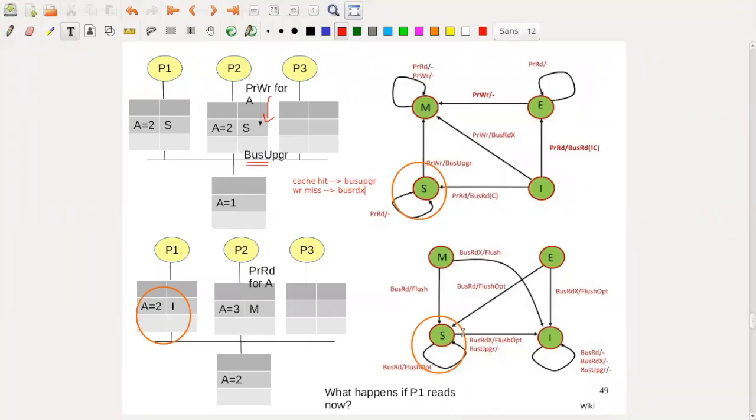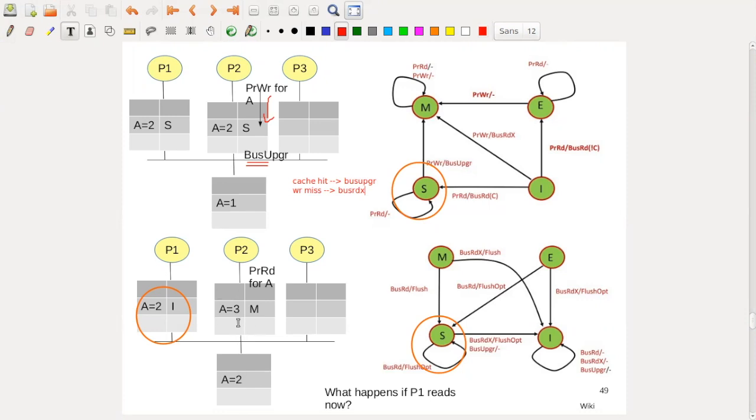So whether it's a bus read X or a bus upgrade or this other flush opt, which we will not discuss here because we are not using it, it's going to change to the invalid state. Now processor 2 has written successfully here, and the written value is A equals 3.